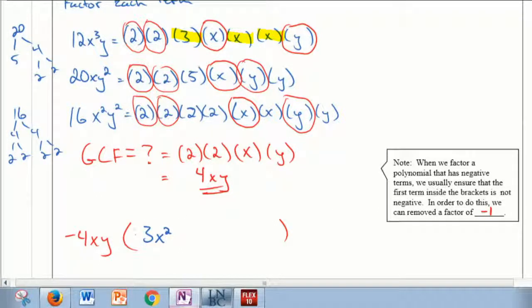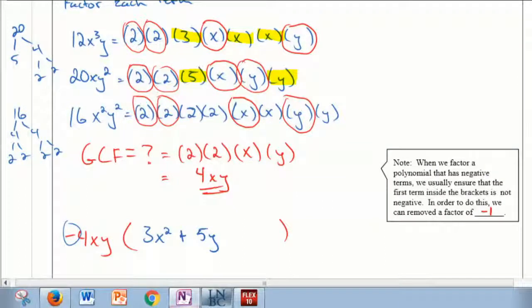It started out as a negative, but now that I have my negative outside, it's now become positive because I have to flip all my signs. The next one here, my 20xy squared. I see that I have this 5 and I have a y. Again, it started out negative, but now I have a negative out front. It will become positive. So I have positive 5y.